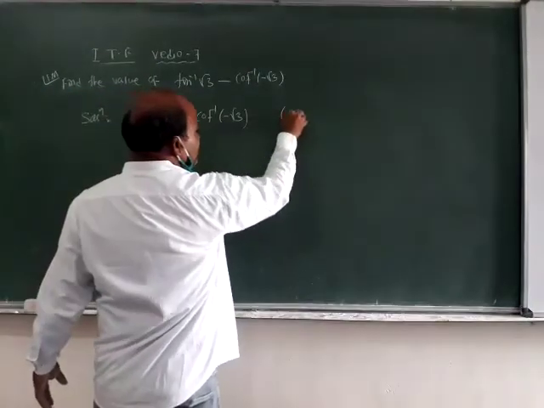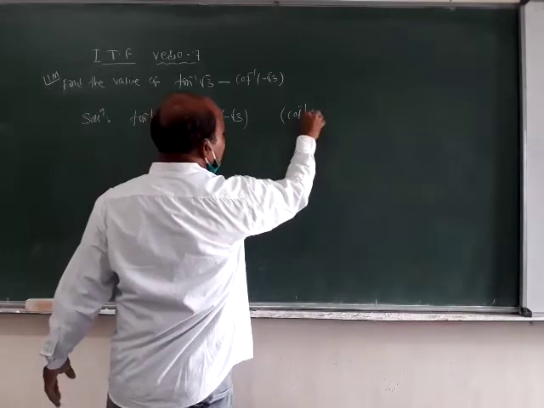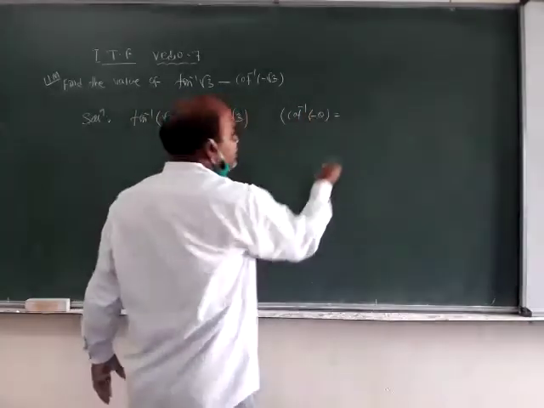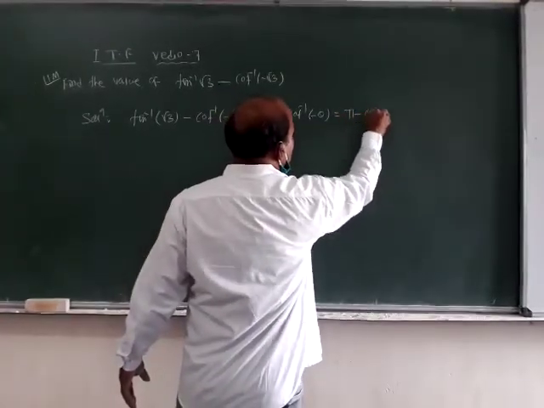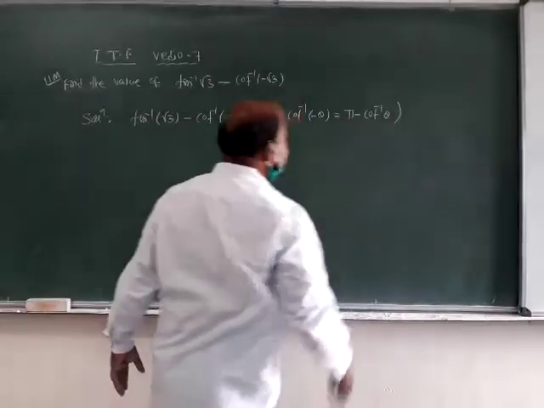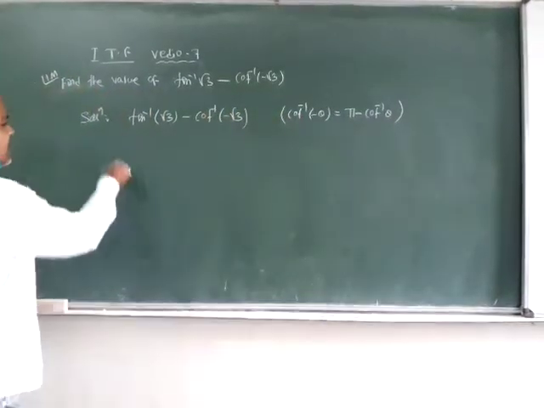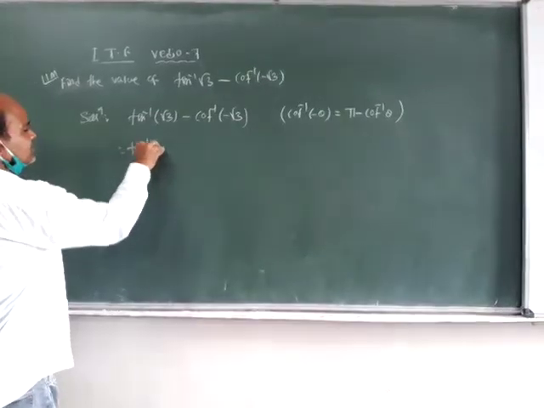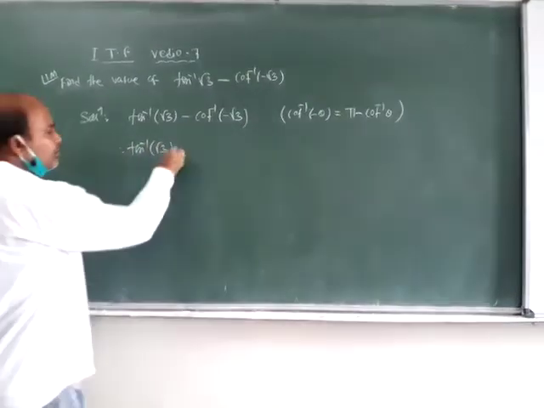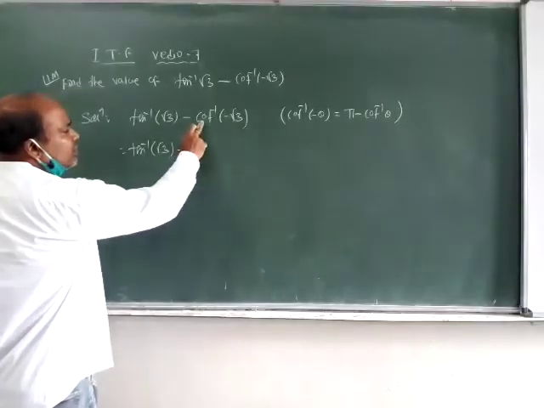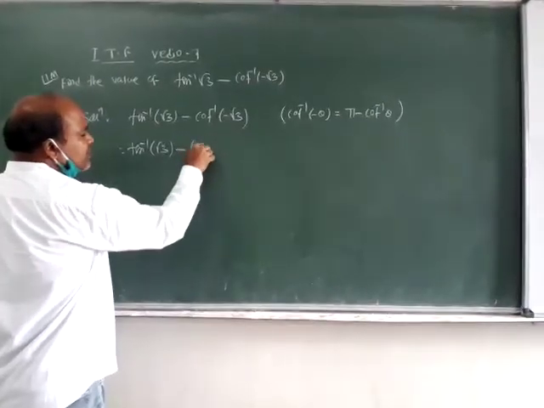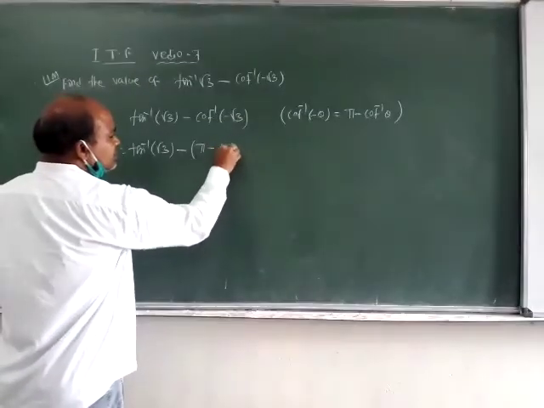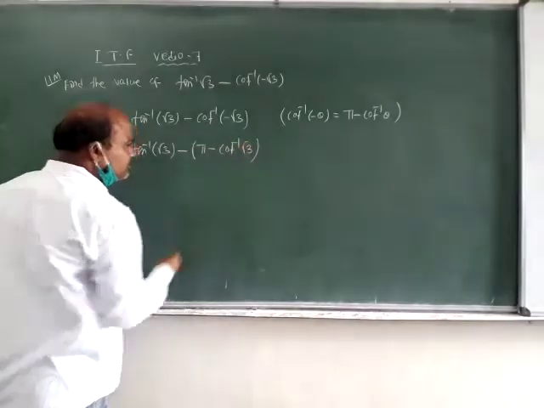Before that, you know cot inverse of minus theta can be written as pi minus cot inverse theta. Right? By using this formula, tan inverse root 3 minus cot inverse minus root 3 is nothing but pi minus cot inverse root 3.